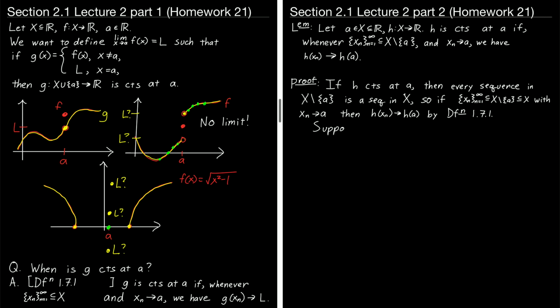And now let's prove the converse, which is the interesting part. So let's suppose that, let's go ahead and name this condition, and so I'm going to use the green star as an abbreviation for whenever xn is a sequence in X minus A, which converges to A, we have h of xn converging to h of A. So let's suppose that our condition green star is valid.